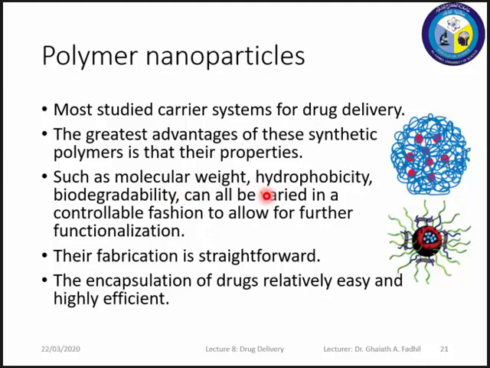They are typically light, they have hydrophobicity and biodegradability, and we can tune these properties. We can bring different polymers with different sets of properties and use them to create new functions for these systems.